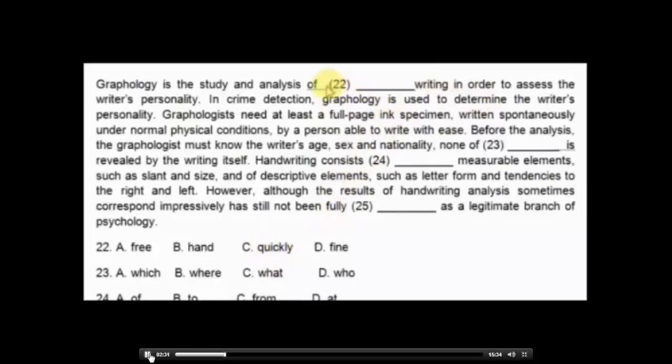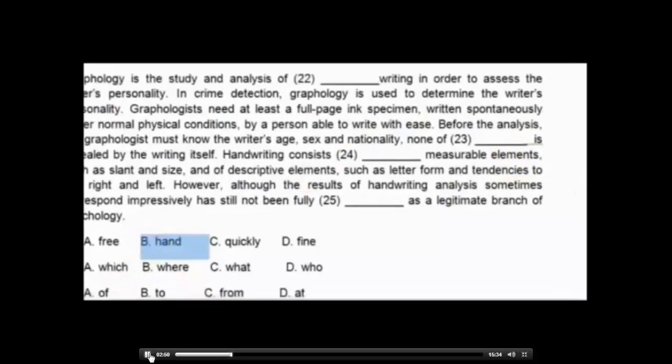It's not how quick we write. And fine writing, so that we might get confused with options B and D. Fine writing is how fine you write or how well you write, but we do not have that word in English. The word in English is handwriting.